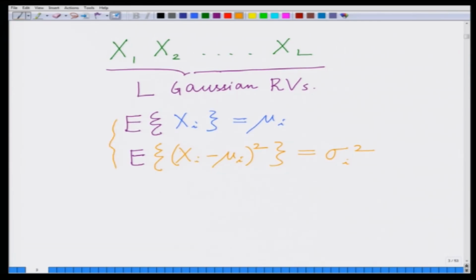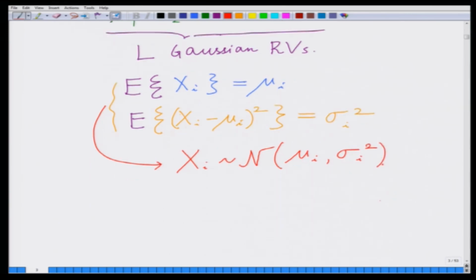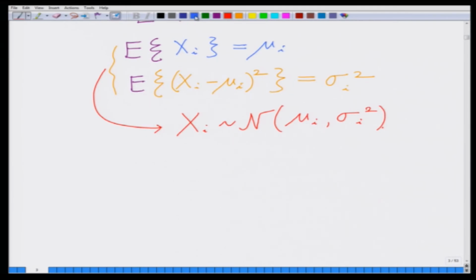So, we have xi is a Gaussian random variable. I can denote xi as N of mu i, sigma i square. Further, let us define another new quantity known as the covariance.